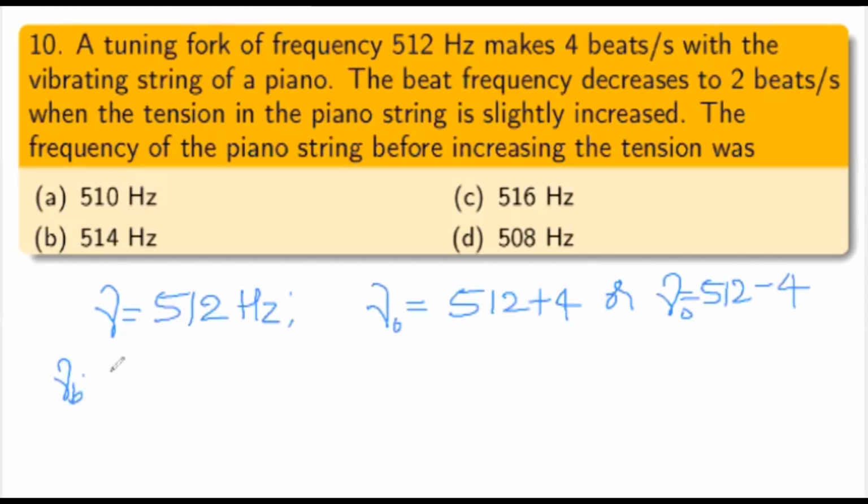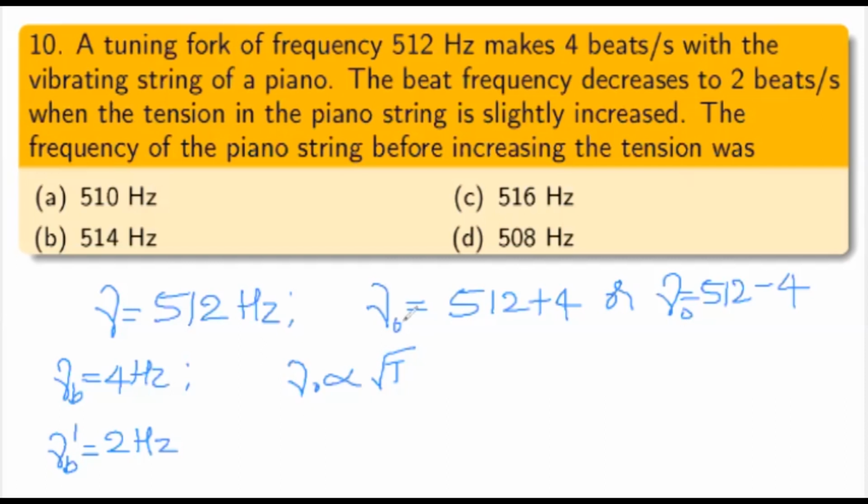Initially beat frequency was 4 Hertz, and now by increasing the tension it reduced to 2 Hertz. That means we are not changing the frequency of the tuning fork, but the frequency of the piano string is increased, because we know that frequency of the string is proportional to its tension. So by increasing the tension, we have increased the piano frequency.